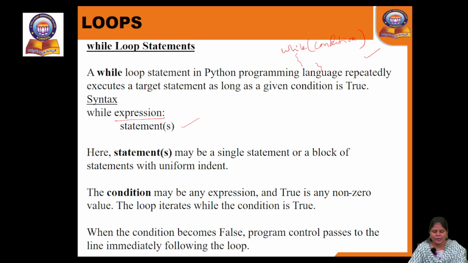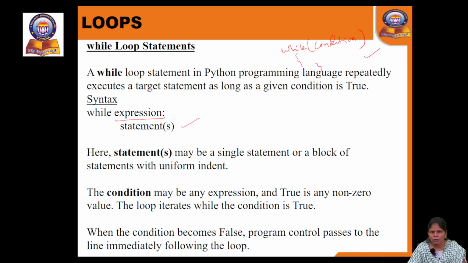The expression may be a mathematical expression or a relational expression that is checked as true or false. If it evaluates to the Boolean value true, then the set of statements will be executed.